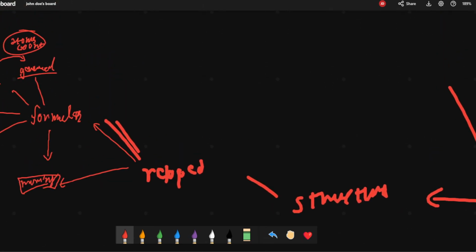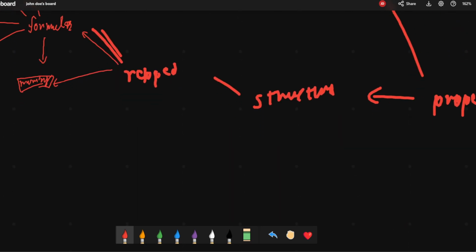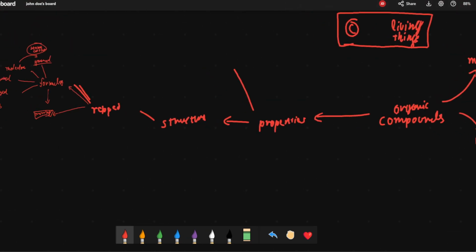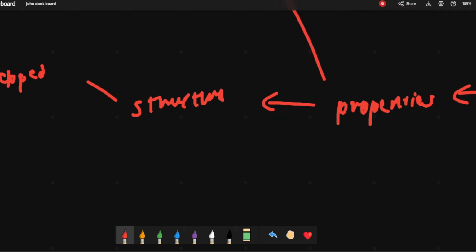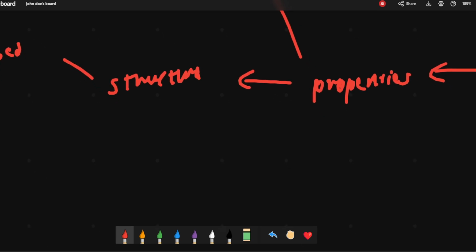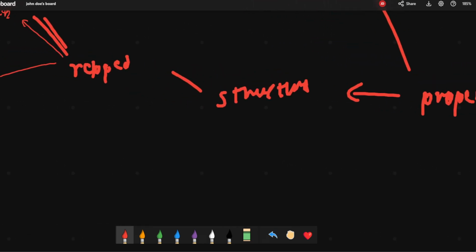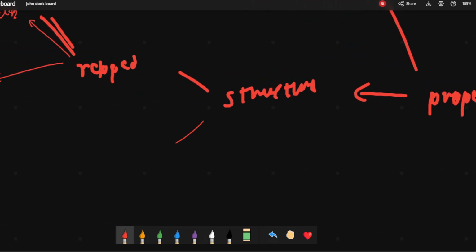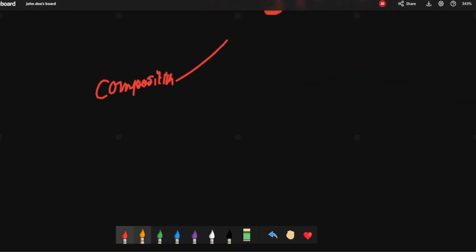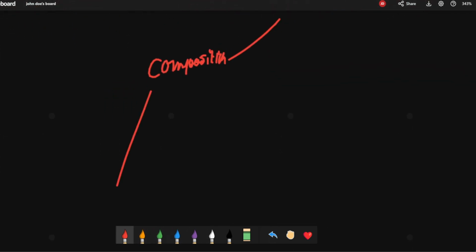Now, to understand this, we'll have to understand that some organic compounds have homologous structures. So basically, they have a family and they have a group.